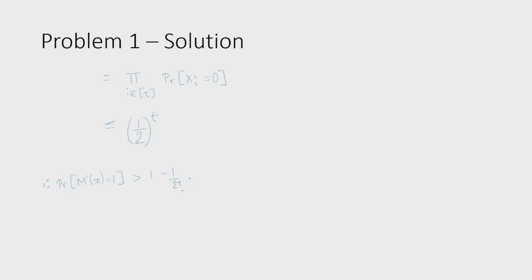And now using this you can figure out what t you want. If you want the probability to be exponentially close to 1, t equals n would work. And in that case, the blow up in the running time would be at most a multiplicative factor of n, so the algorithm would still be polynomial time.